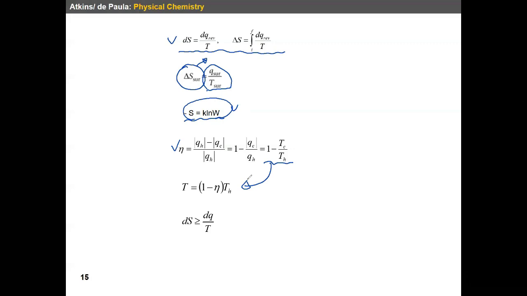And also we have the final concept for entropy, which is the Clausius inequality.